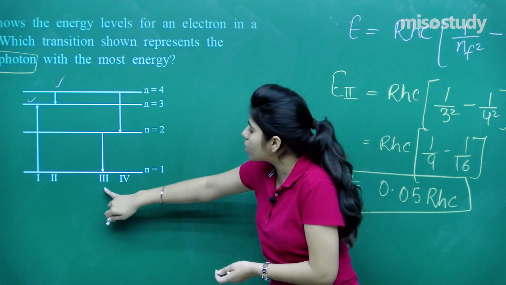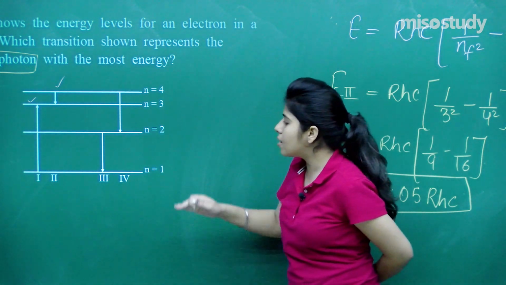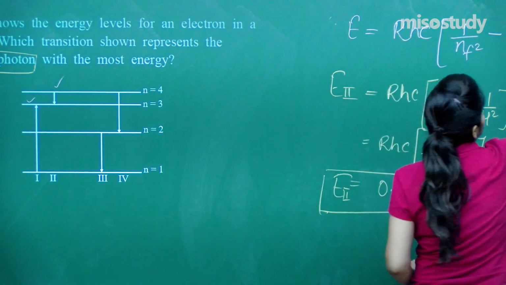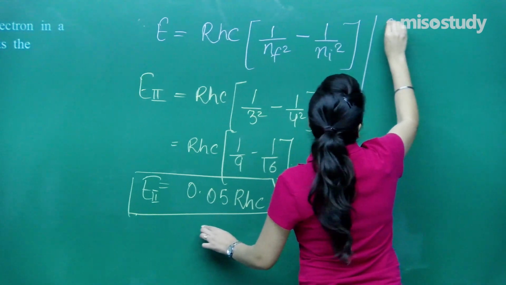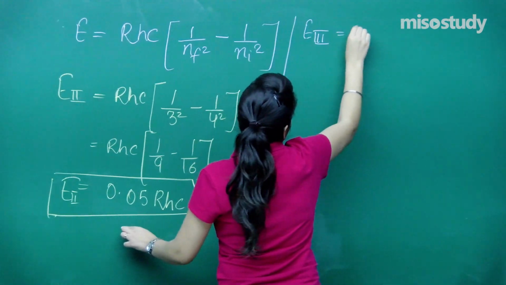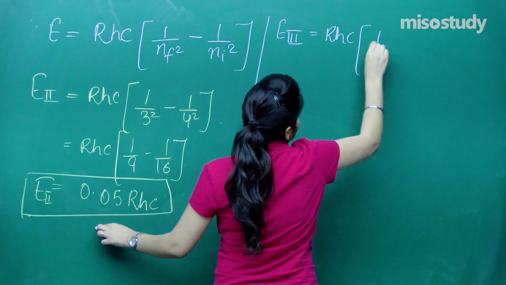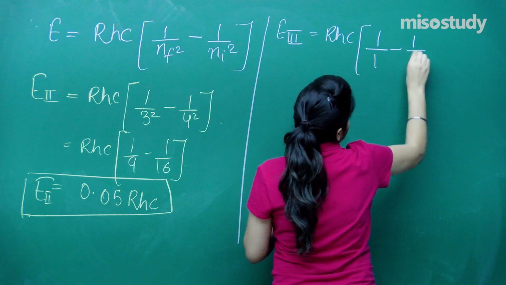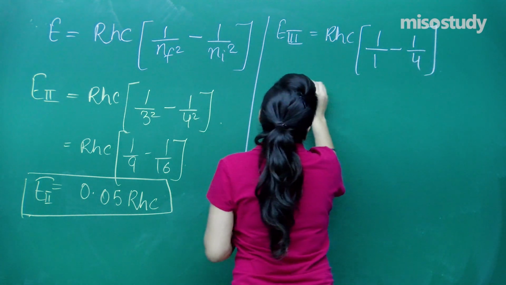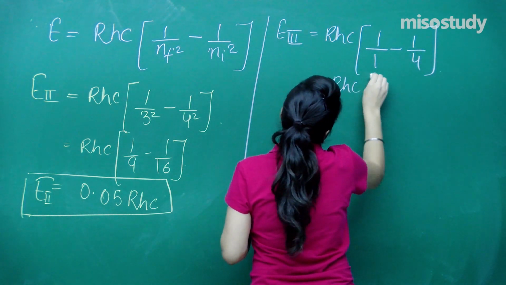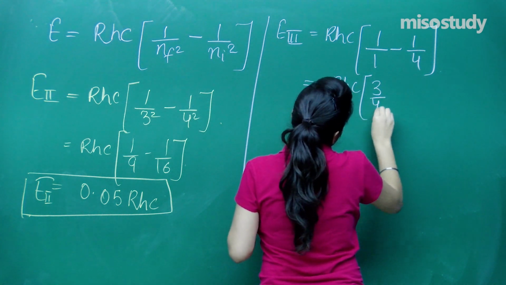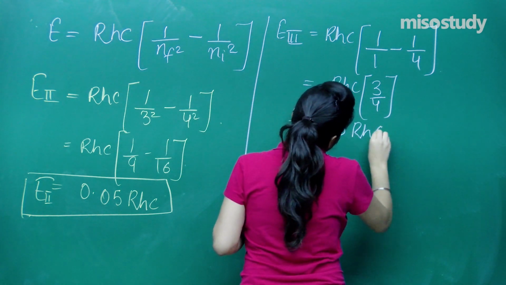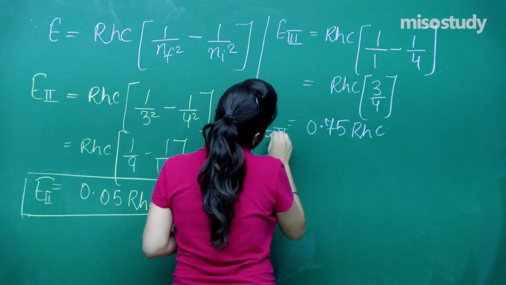In the third part, the electron is coming from 2 to 1, that means your final energy level is 1. 2 square is 4, so I am directly writing here, this will be your energy for the third one.